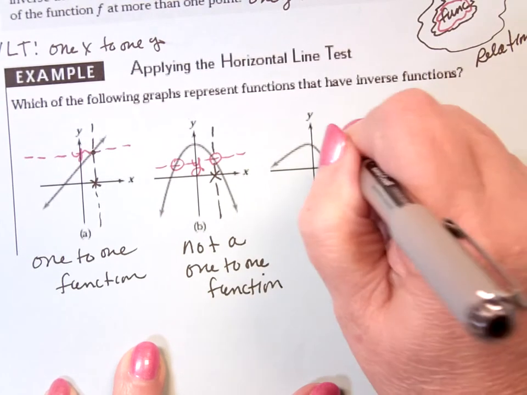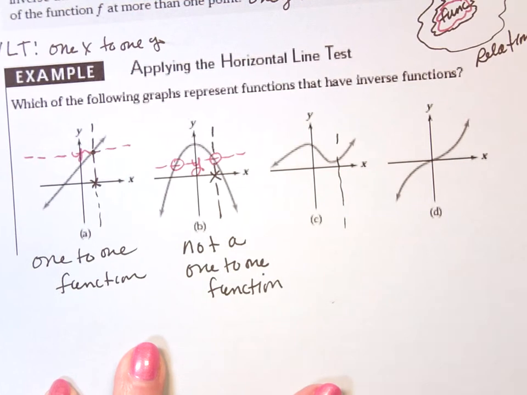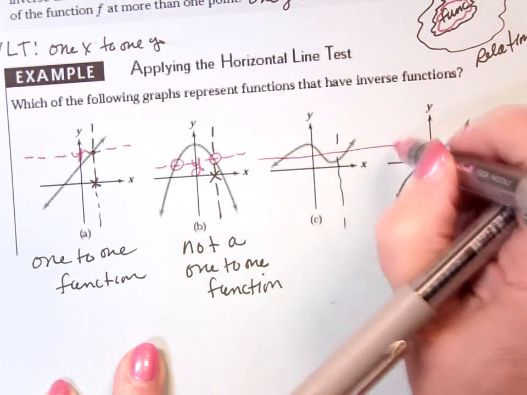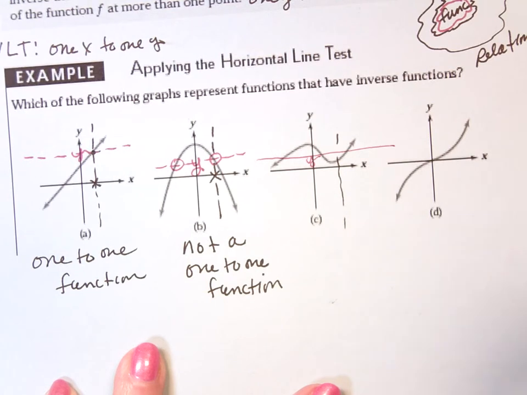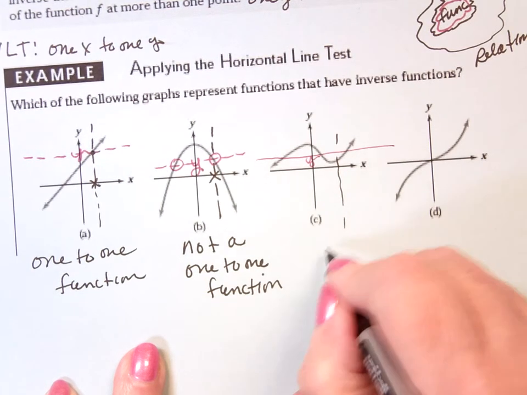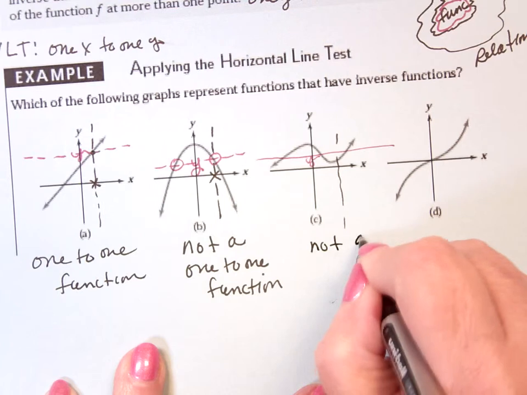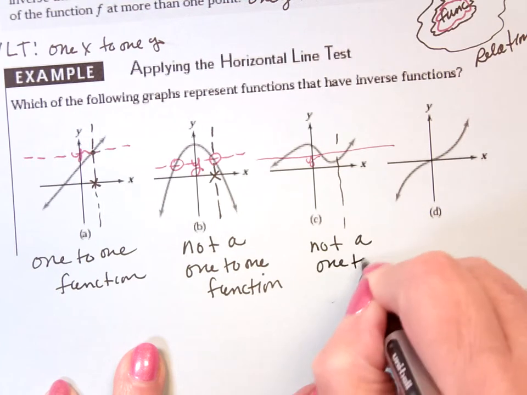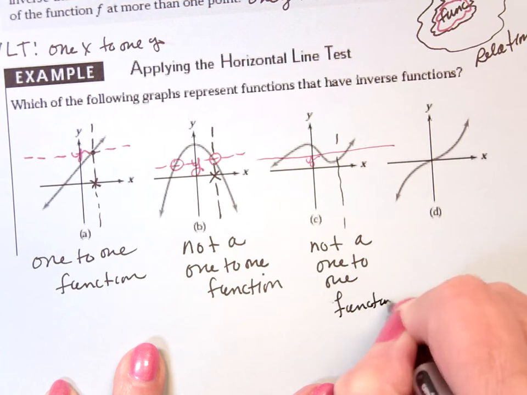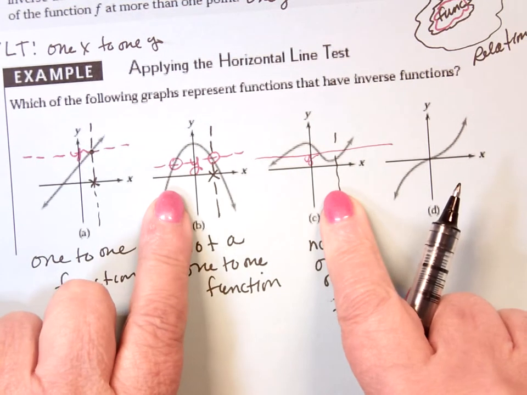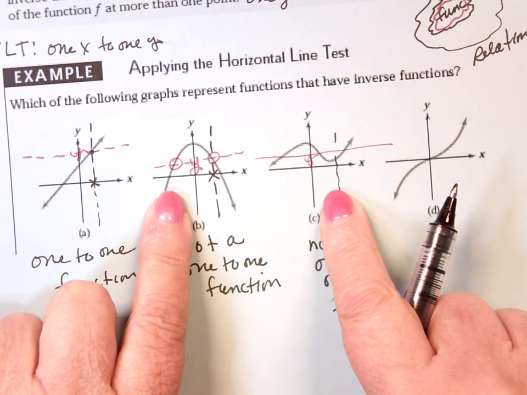Again, this guy is a function, but if I pull a horizontal line, what do you notice? In this case, it's 3 places, right? So it's not a 1-to-1 function. That means these guys don't have an inverse. They're functions, but they don't have inverses.